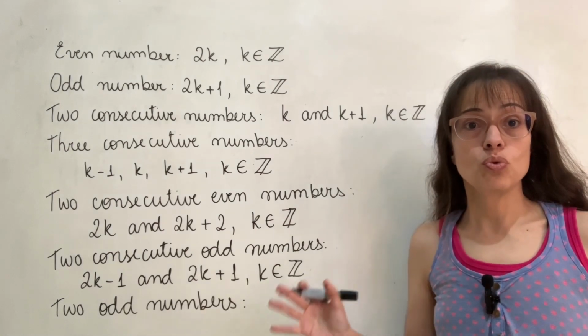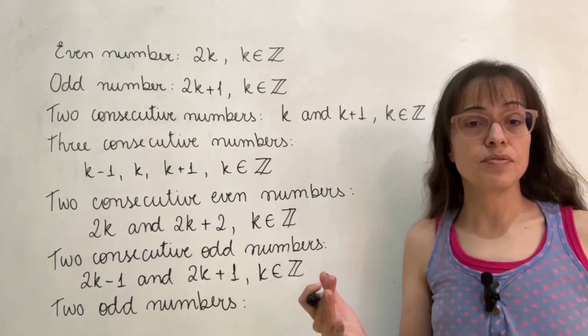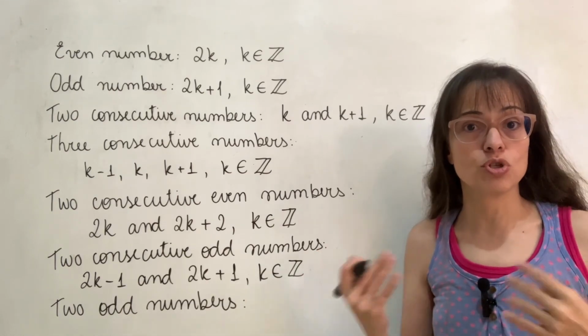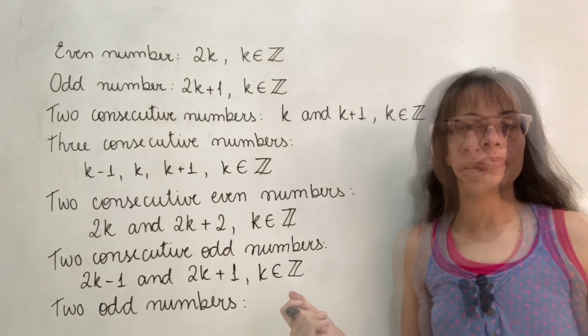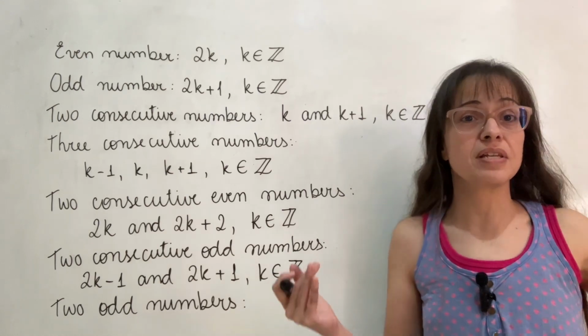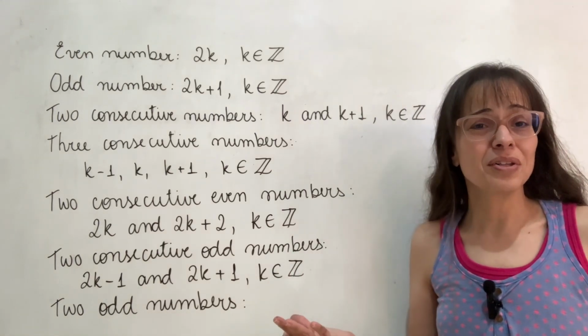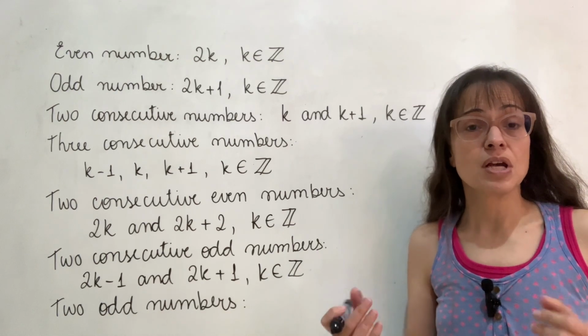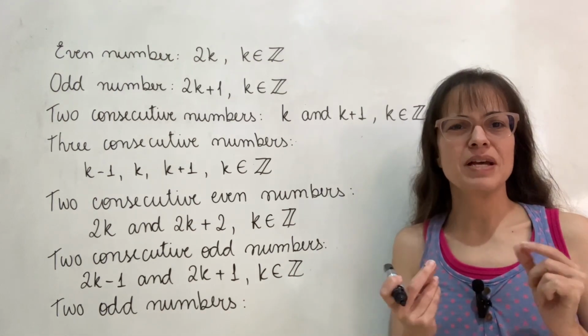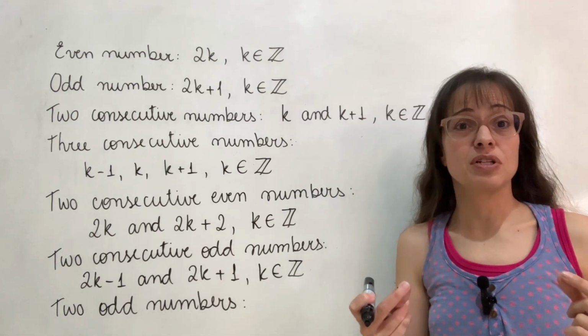Now, if they want 2 odd numbers, but without saying the word consecutive or without saying anything else about it, any restriction on what's 2 odd numbers, then people are tempted to say things like 2k plus 1 and 2k plus 7, both of which are odd numbers, so that is a pair of odd numbers, but it's not general enough. When they say two odd numbers, you can't specify that the distance between them is going to be 6.